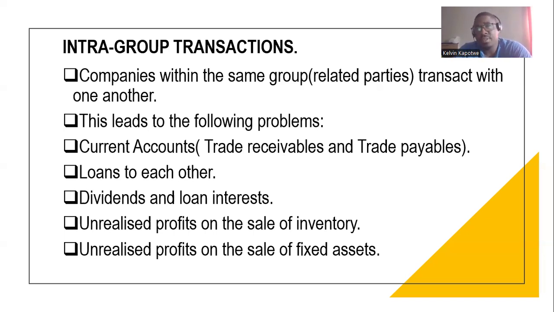The same thing happens when a party in the group transfers a non-current asset. So if you transfer a non-current asset at a profit margin, you create some problems there. In that, you're going to create what we call unrealized profits on the sale. And then the other problem that you create is that the other party will be charged excess depreciation, right?